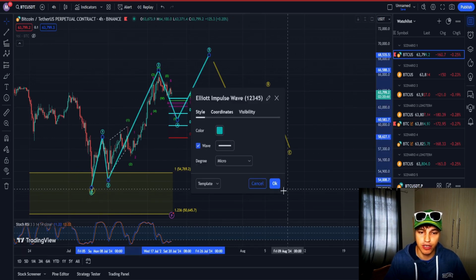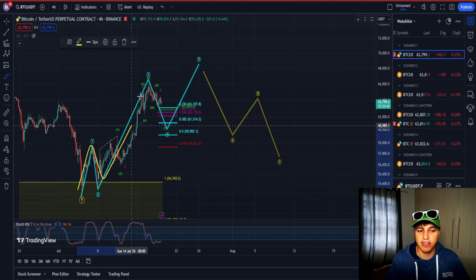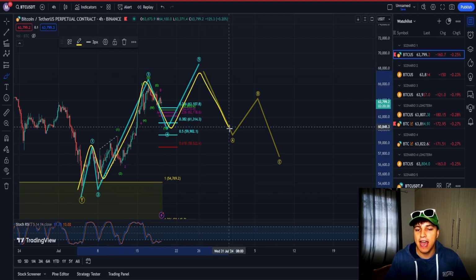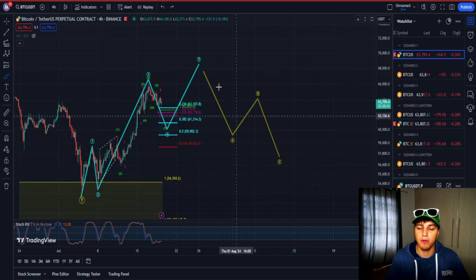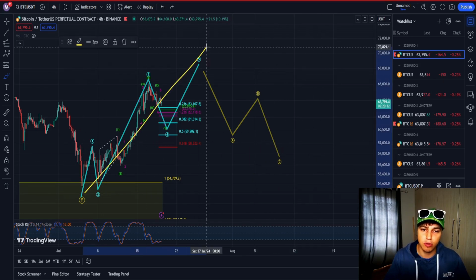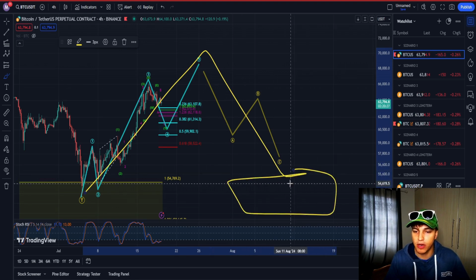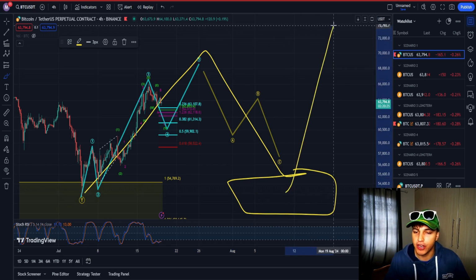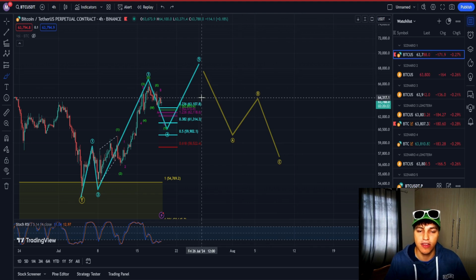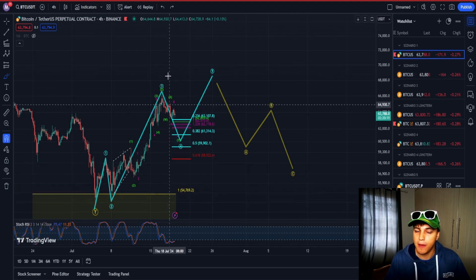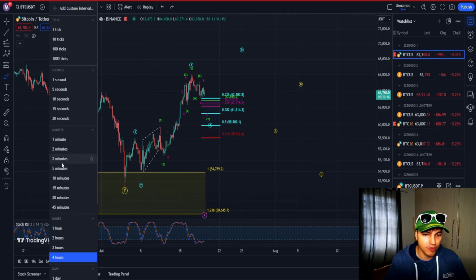I can show you here with the waves. So we should be seeing something along these lines on the 4-hourly time frame, and I would wait until price retraces to the bottom of this wave 2. This would be a larger degree wave 1, 2. Taking a long from here would be a good trade, targeting that $74,000 region.